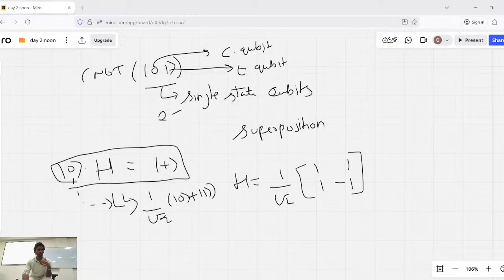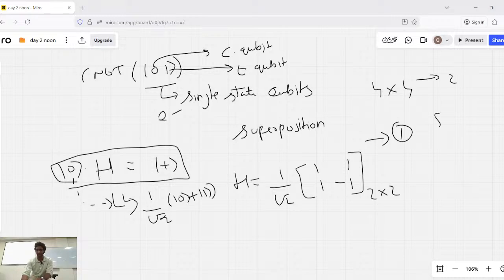Very simple. Before going into that, how exactly can you identify the number of qubits? We are doing only a 2 cross 2 matrix operation here, yes or no? When you are doing a 2 cross 2 matrix operation, you are using only one qubit. When you perform a 4 cross 4 matrix operation, you are using 2 qubits.